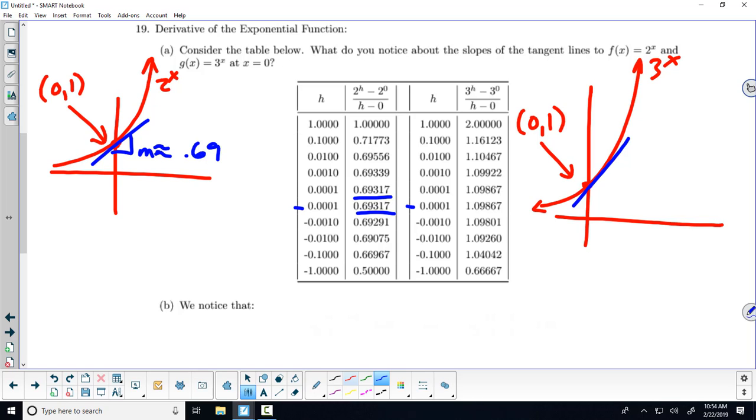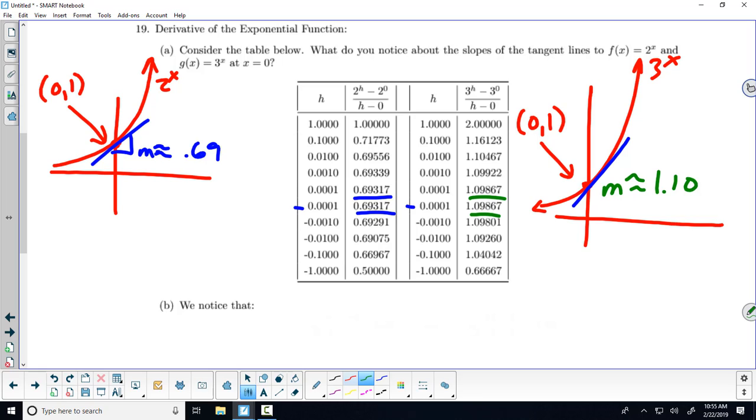Okay. What do we see that the slope of the line appears to be approaching? We see that the slope of the tangent line appears to be approaching something like 1.09. Okay? Would you round up on the third digit? Sure, yeah, 1.10. Good. Yeah, that's fine.